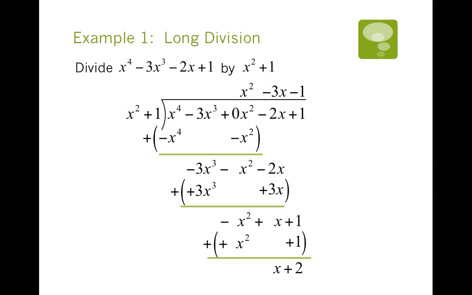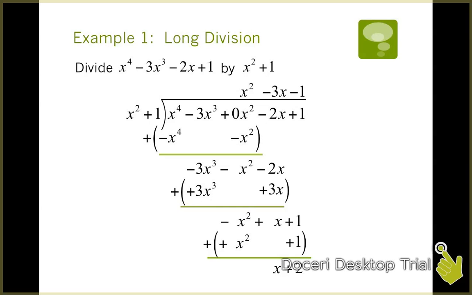Now, at this point, I have gotten to a remainder. Okay? How do I know when I'm at a remainder? This will be a remainder if the degree of remainder is less than the degree of your divisor.